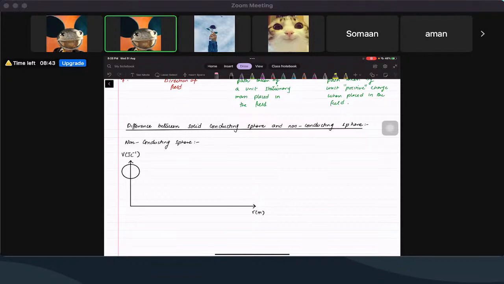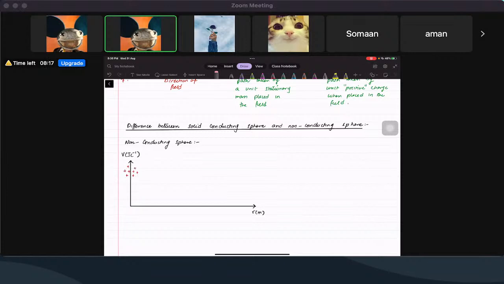We already know in the solid conducting sphere what happens is when it is charged, the charges spread evenly throughout the whole sphere like this. The method of charging we don't need to know, but you might remember from O levels that you rubbed it against a woolen cloth or something.